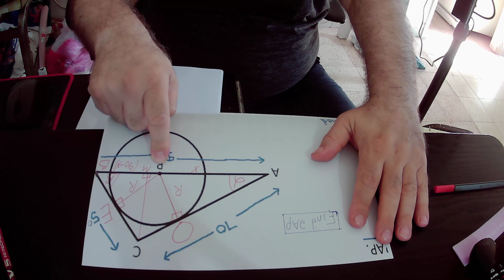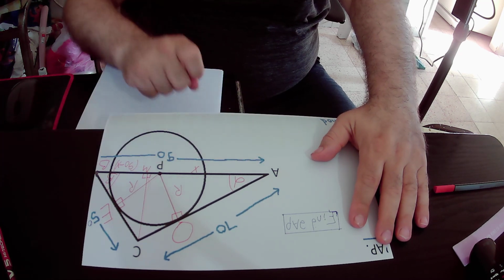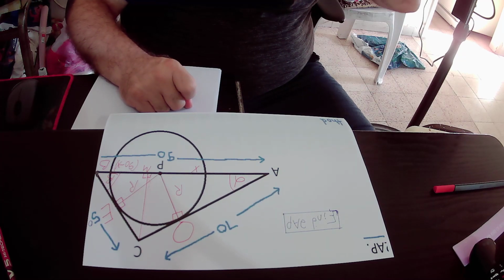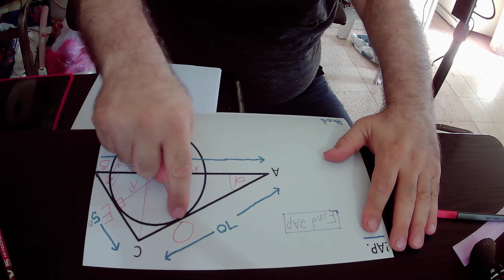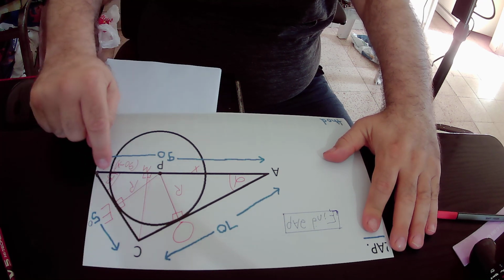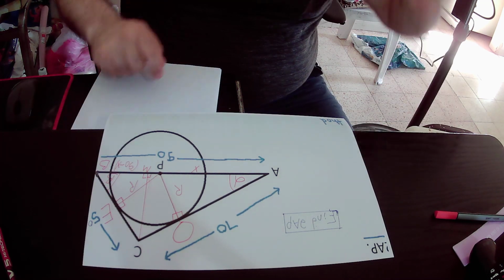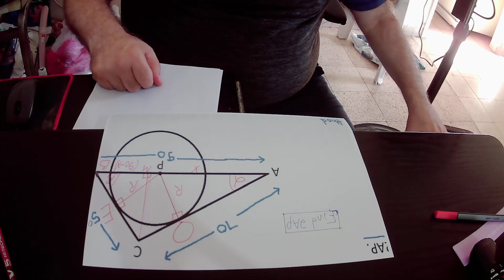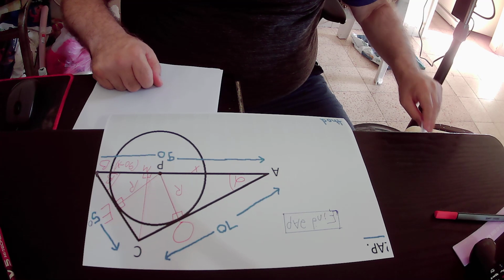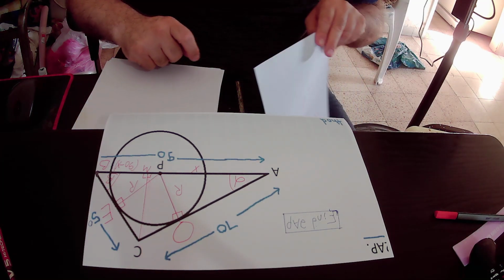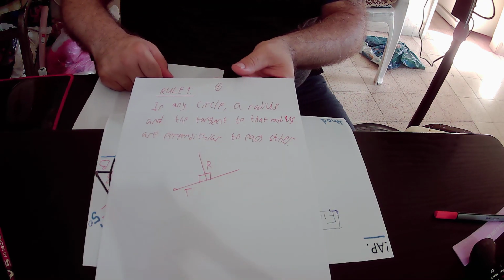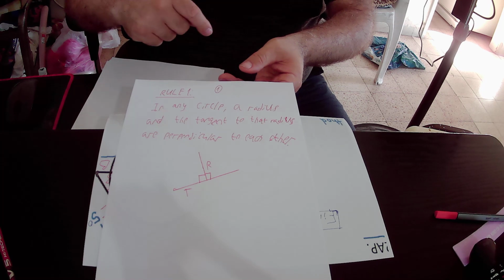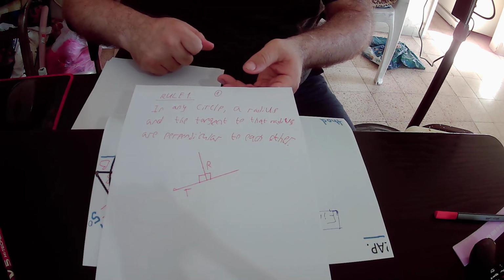Point P is also situated on side AB of the triangle, and AC is tangent to the circle at point O, and also CB is tangent to the circle at point E. Actually, we have a rule that states that in any circle, a radius and the tangent to that radius are perpendicular to each other.